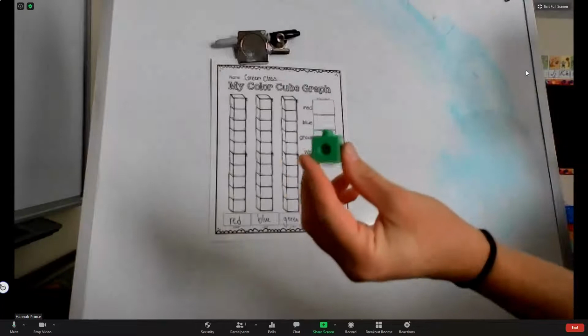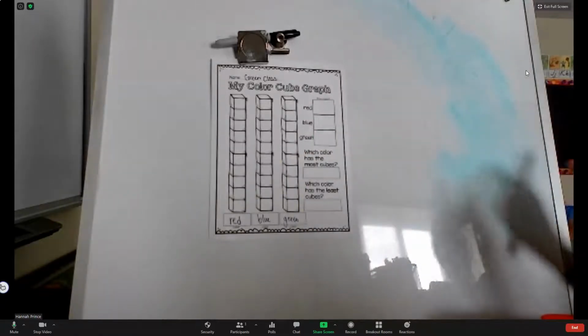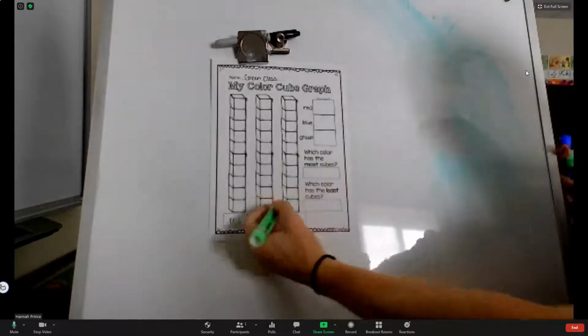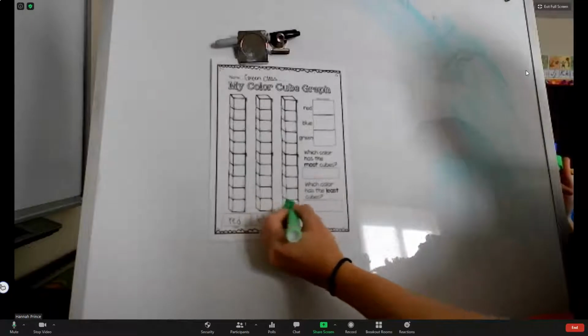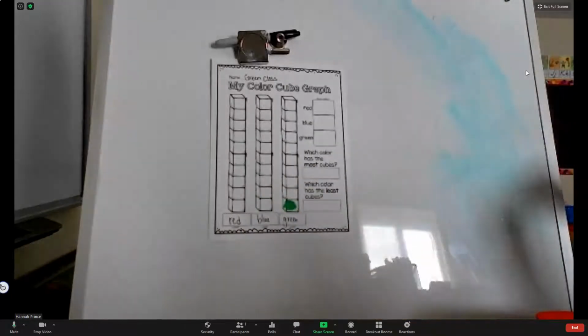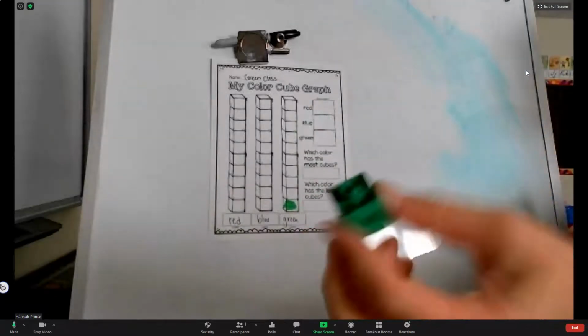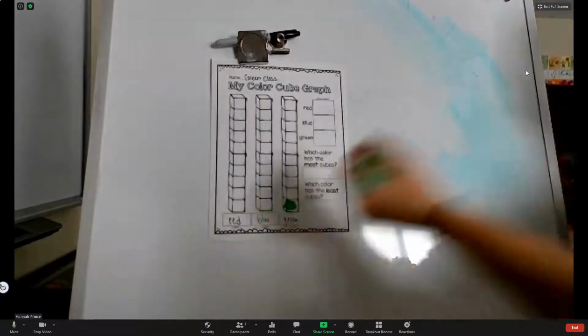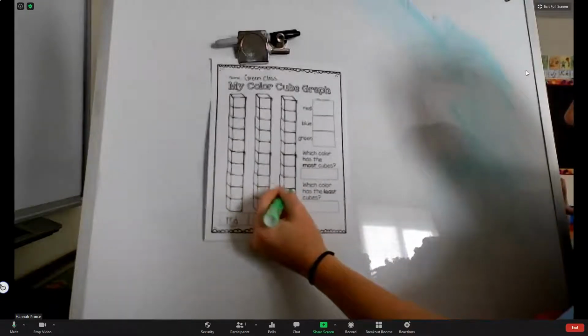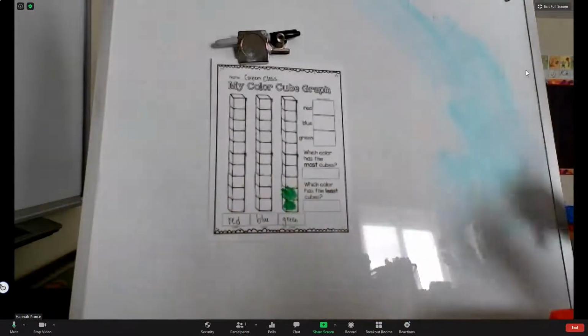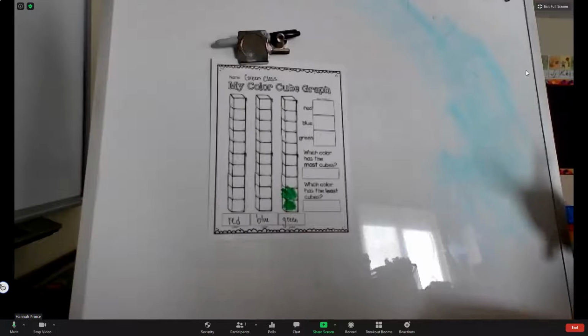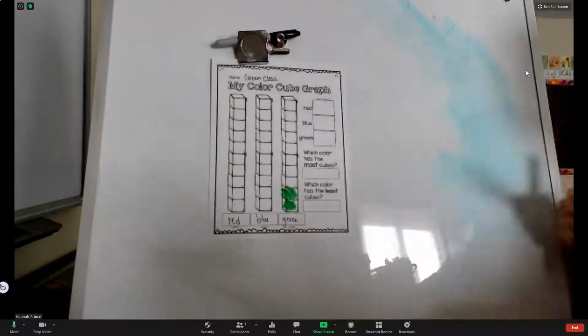First cube, green. I'm going to mark off green. I got a green again. Which one is your favorite? Red, blue, or green? This time I got red.